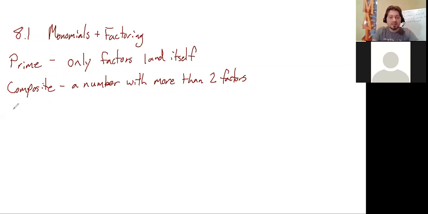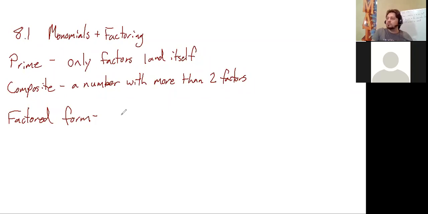Factored form is something that we're going to talk about too. So factored form, just another definition to know. It's whenever it's expressed as a product of prime numbers and variables.